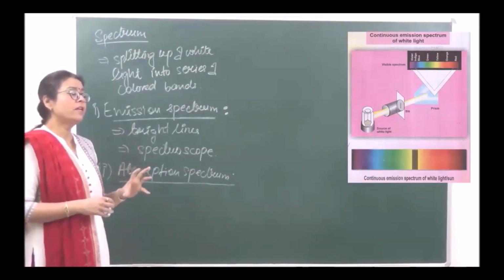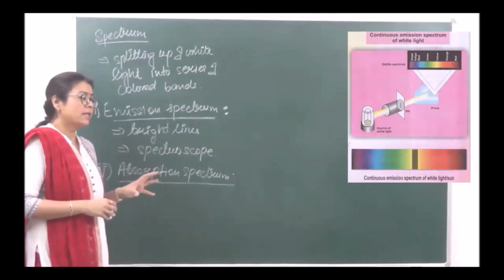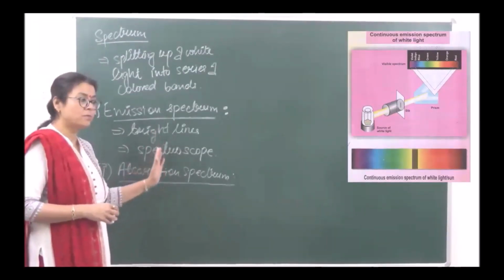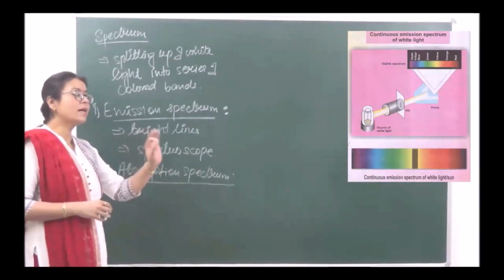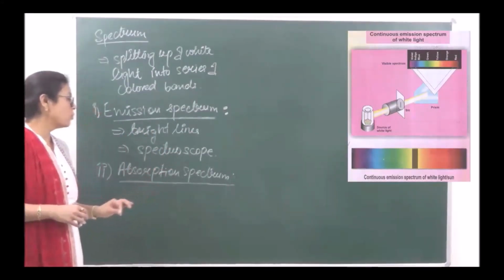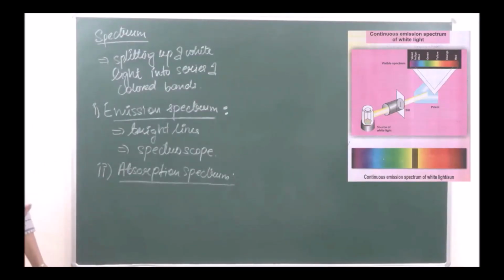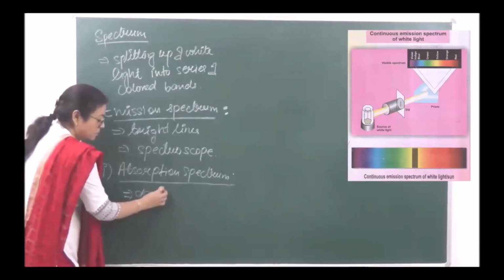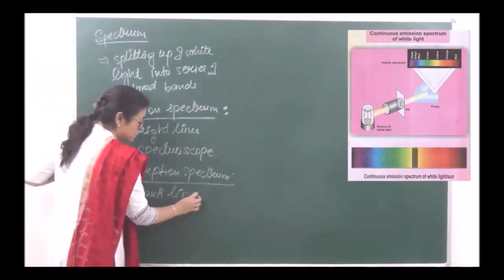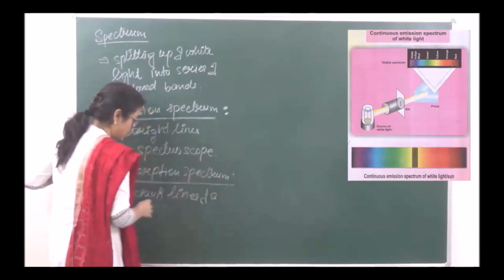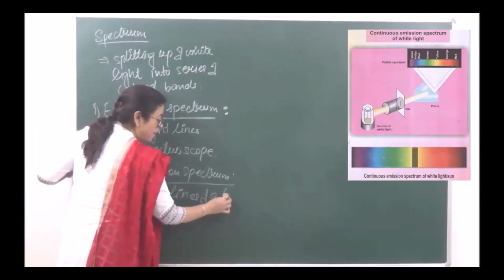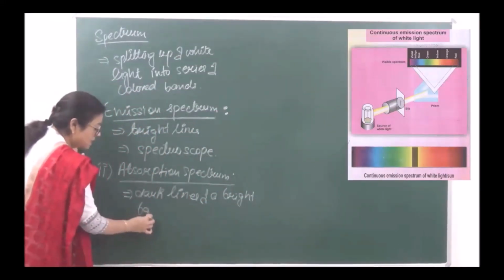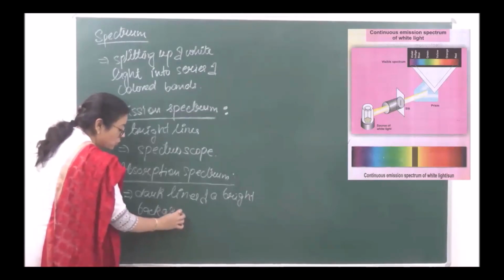Now if it is absorbing radiations from the visible region, then we do not get a colored spectrum; they are going to be dark lines. So in absorption spectrum, we say that it gives dark lines on a bright background. So this is the difference between the two.